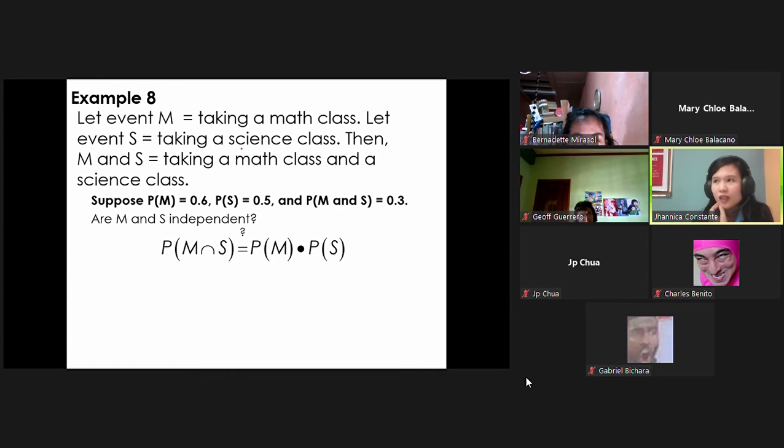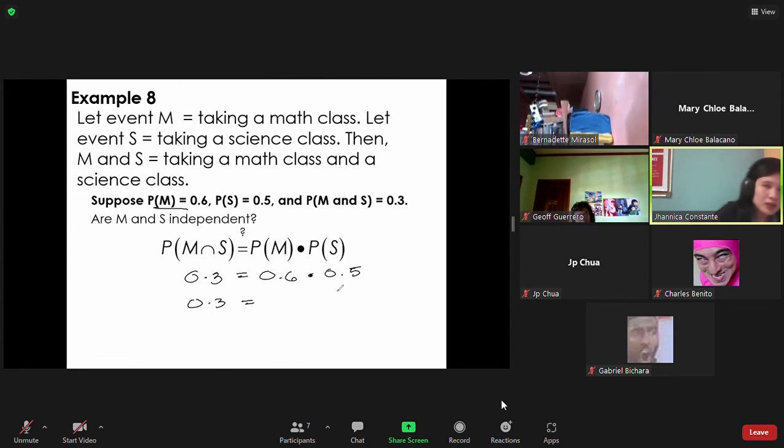Kapag nag-equal, that means the problem that we have is an independent event. Given that the probability of M and S is equal to 0.3, equals the probability of M, which is 0.6, times the probability of S, 0.5. So 0.3 equals 0.6 times 0.5.